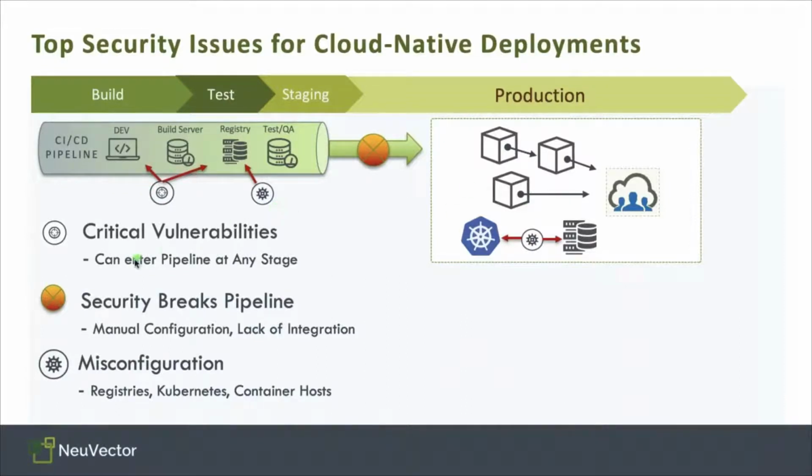For example, during the build phase, the use of open source software can introduce vulnerabilities. In a registry, even though you've successfully removed vulnerabilities and put your images into a registry, 30 days later, a critical vulnerability could have been announced for an image that you already have in your production registry.